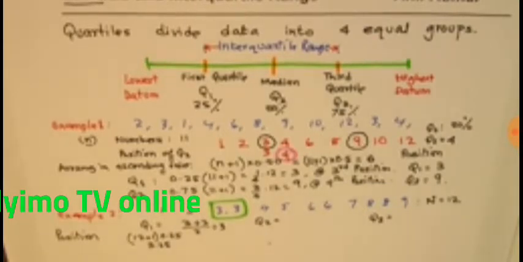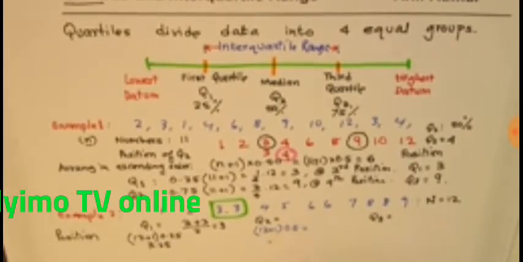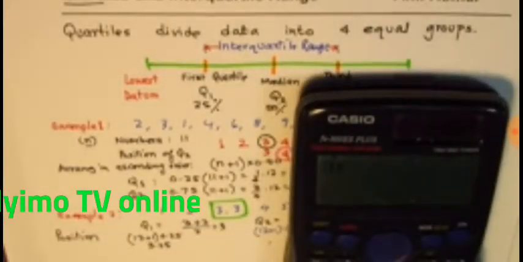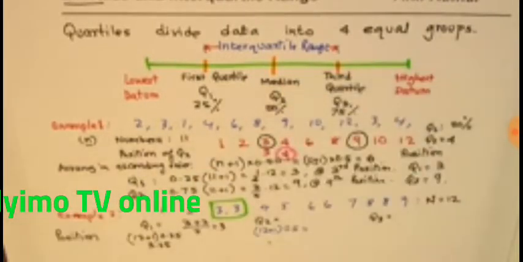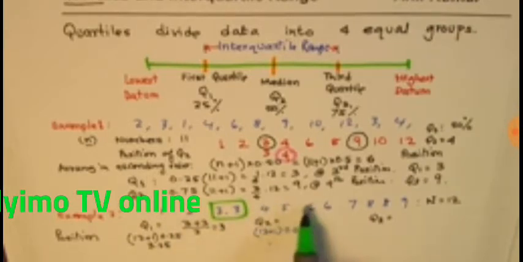For Q2, let us first find the position. Since the total number is 12, it will be 12 plus 1, which is 13, times 50%. So position is half of 13. 13 divided by 2 is in decimals 6.5. 6.5 means that it is between the 6th and 7th positions. 1, 2, 3, 4, 5, 6, and 7.